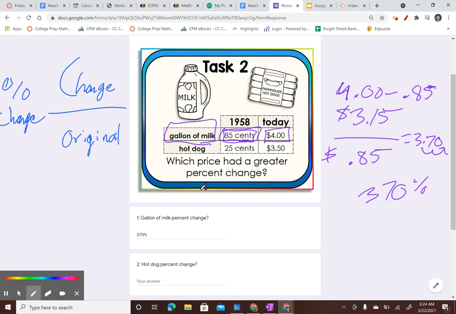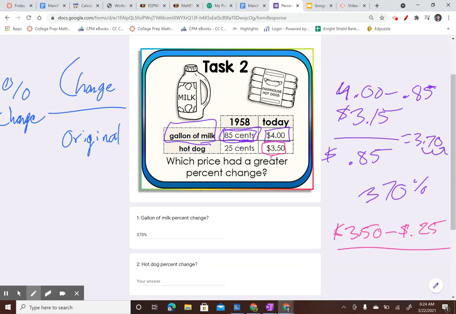All right, now I'm going to look at the percent change for my hot dog. So again, I need to find the change in price from today of $3.50 compared to the cost in 1958, which was only 25 cents. Wow, that is a cheap hot dog. All right, so which had a percent change that was greater?